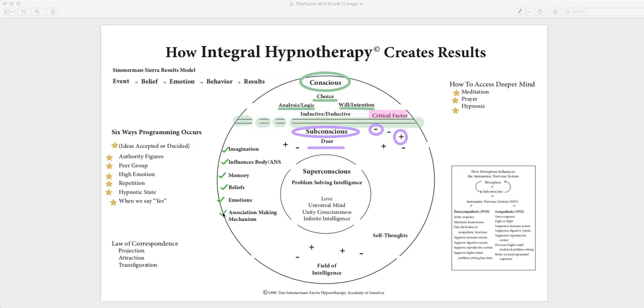And the association making mechanism, you cannot see this. However, this happens when you see someone or someone walks by and they smell like a perfume that you recall of someone that wore that perfume. That's an association making mechanism.